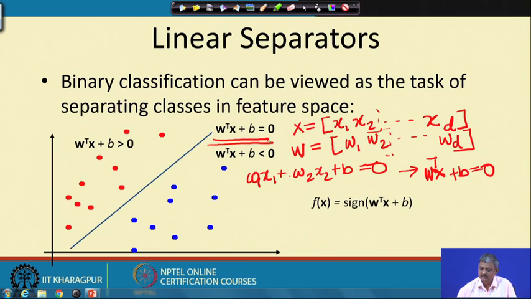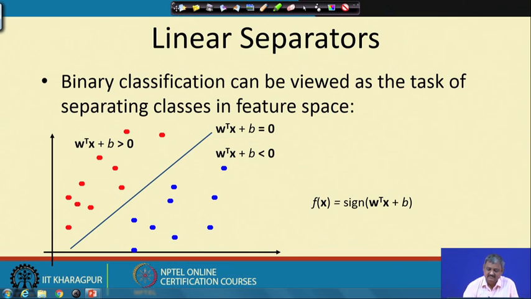What I am supposed to do is find a value of W and a value of B that gives you a good discriminant. Let us see how to do that. Up to this is clear, this vector notation and the origin side and non-origin side.